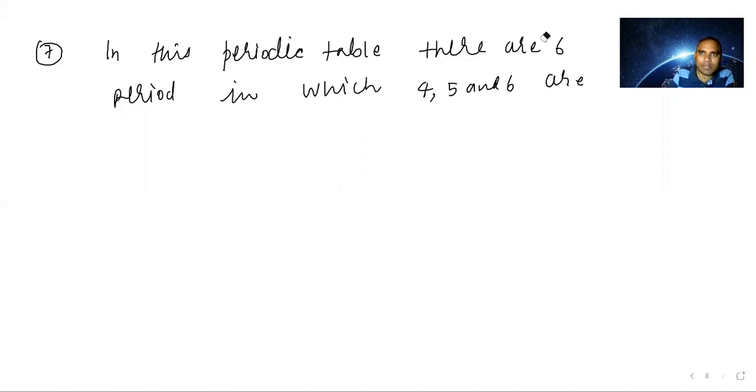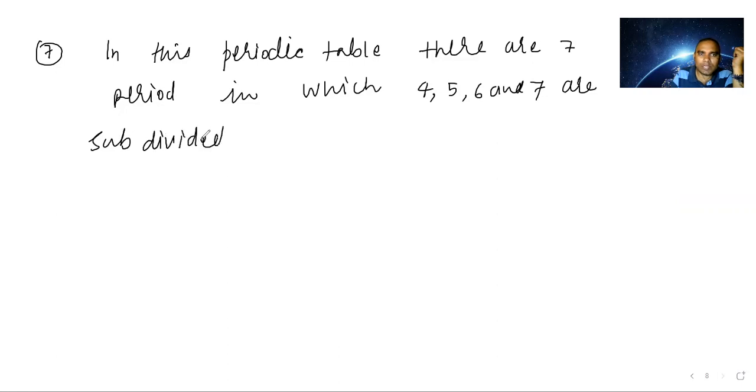Periods 4, 5, 6, and 7 are subdivided into two sub periods.